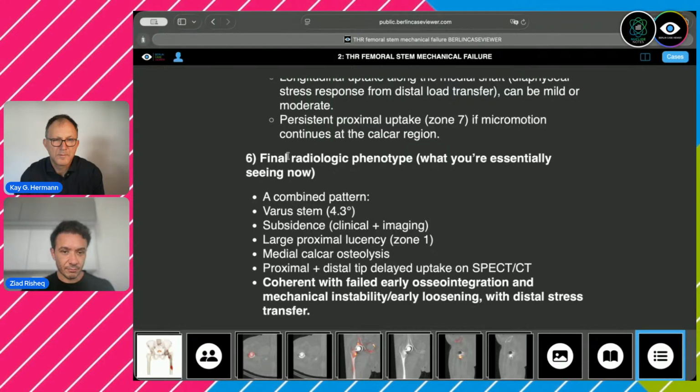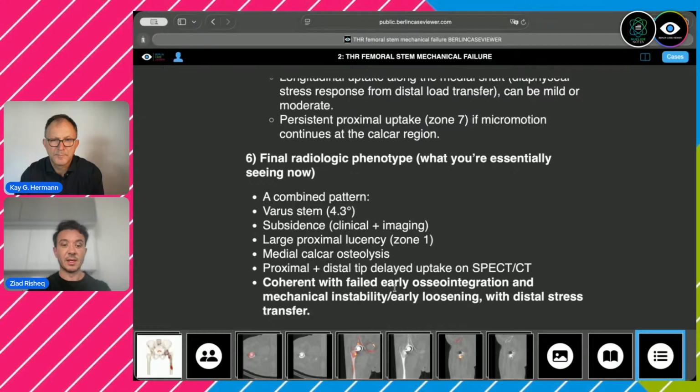So if we want to take a look at everything we saw in this case, we have a combined pattern of varus positioning of the femoral stem, subsidence, which was evident clinically, and what we saw on imaging: large proximal lucency, medial calcar osteolysis, proximal and distal tip uptake on the SPECT CT.